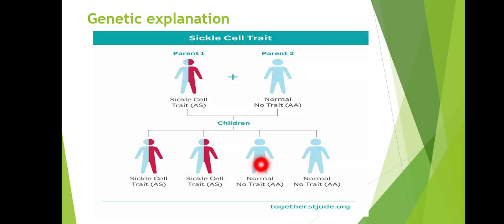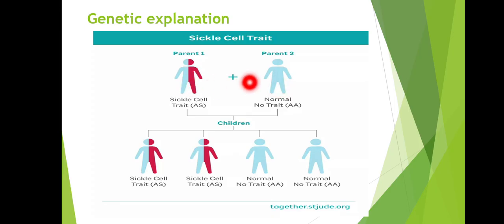Then we are going to have 2 normal children who will not have any trait of this particular disease. This is what it means. So the chances of getting trait children and normal children are 50-50, provided parent 1 is a carrier and parent 2 is a normal one.